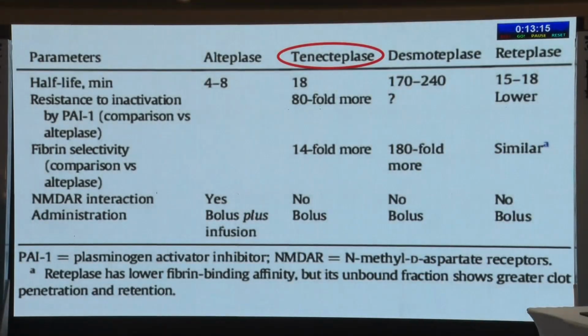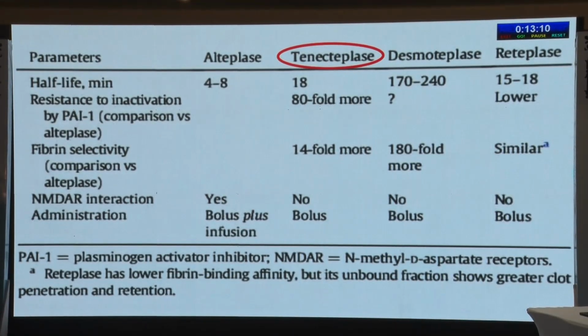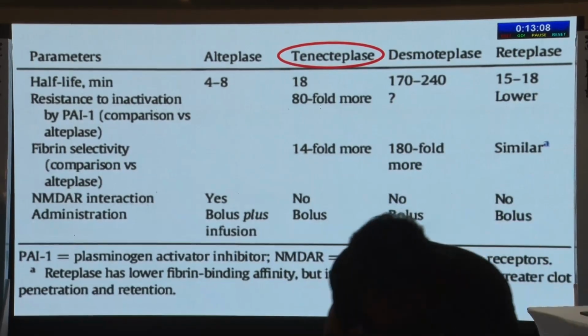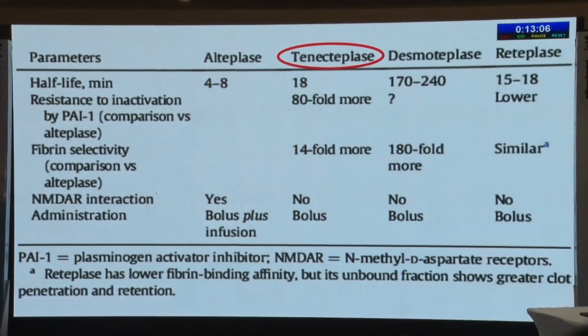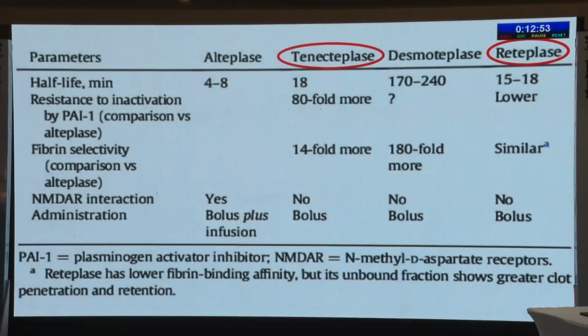Now, of mention amongst the alteplase, and the most selective and the most resistant to inactivation by plasminogen activator inhibitors. A cheaper commercially available variant of tissue plasminogen activator is the reteplase, which is less resistant to the inactivation and has an almost equivalent fibrin selectivity.